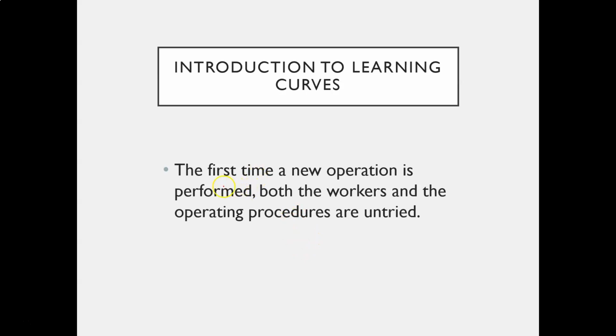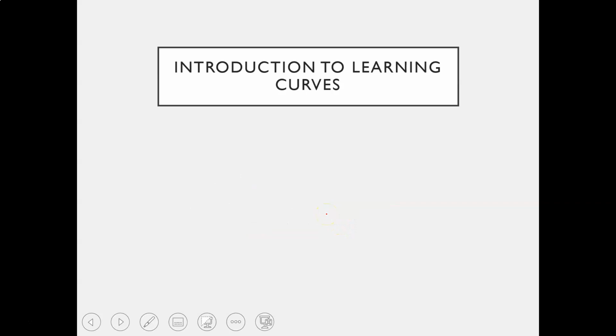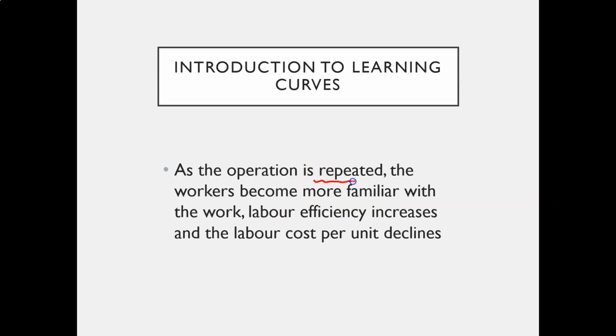The first time a new operation is performed, both the workers and the operating procedures are untried, so it'll take them a long time to understand what's going on. But as the operation is repeated, the workers become more familiar with the work, labor efficiency increases, and the labor cost per unit declines.